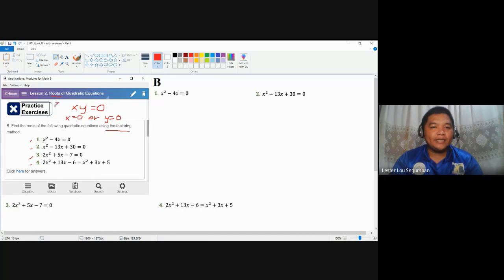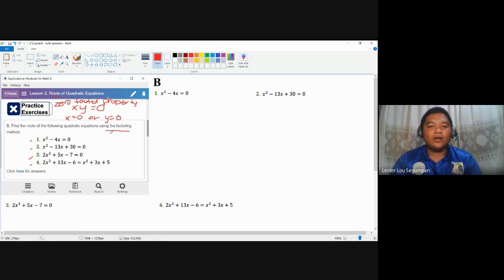This property is actually called the zero factor property, one of its names. It states that for the product of two different expressions to be equal to 0, either the first expression is equal to 0, or the second expression is equal to 0, or both.